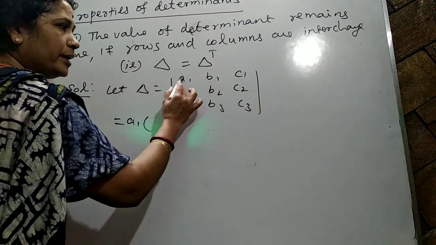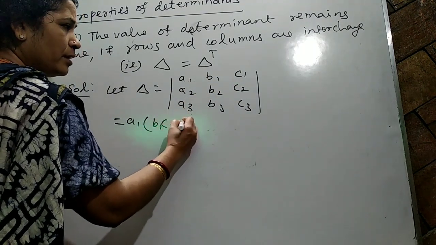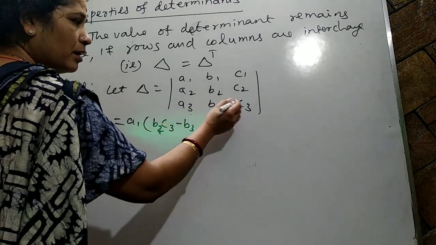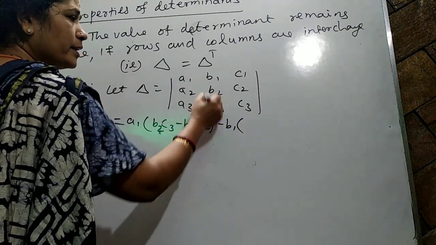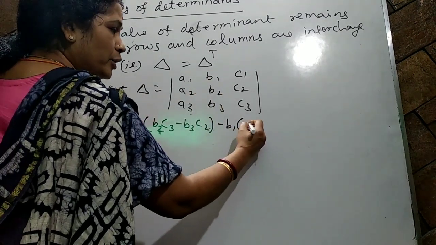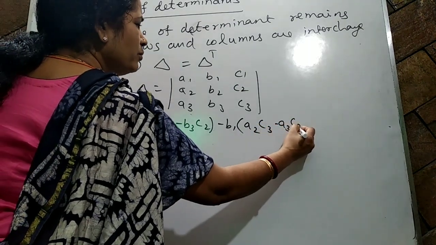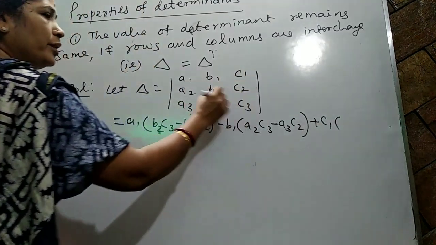Now I am doing directly, delete corresponding row column multiplication of downward: B2 C3 minus B3 C2, and minus B1 into delete corresponding row column. You also check it: A2 C3 minus A3 C2, and then plus C1 into delete corresponding row column.